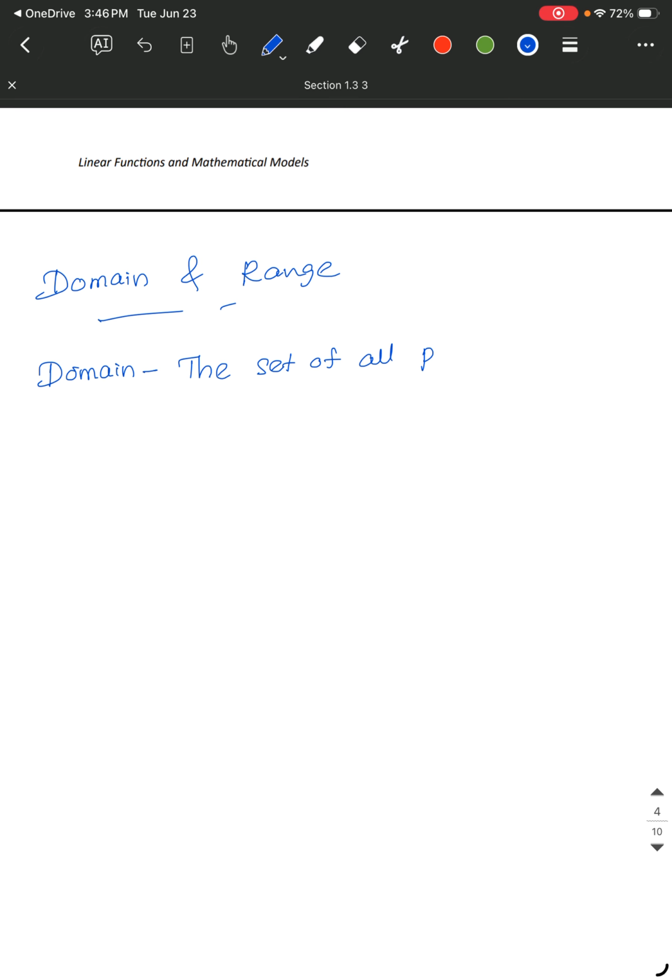In other words, all allowable values of x. Then, let's see the range. The range is the set of all possible output values.